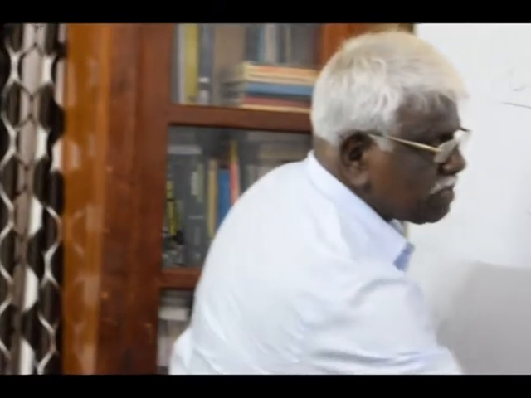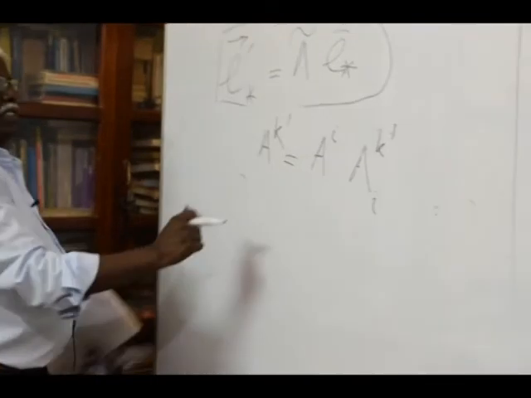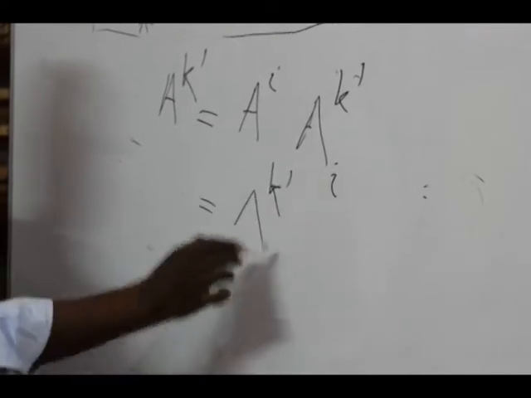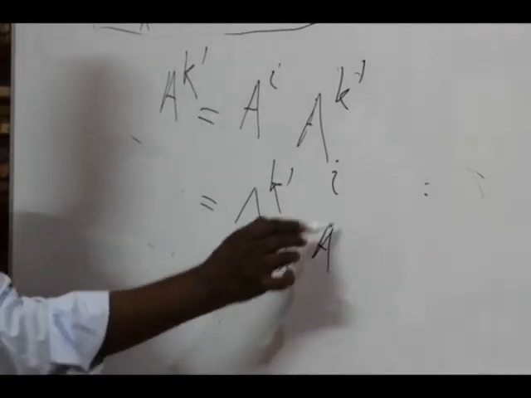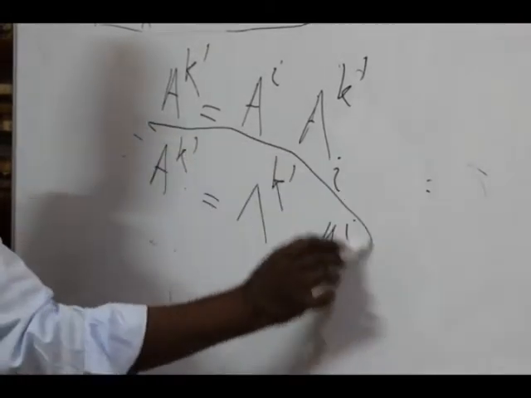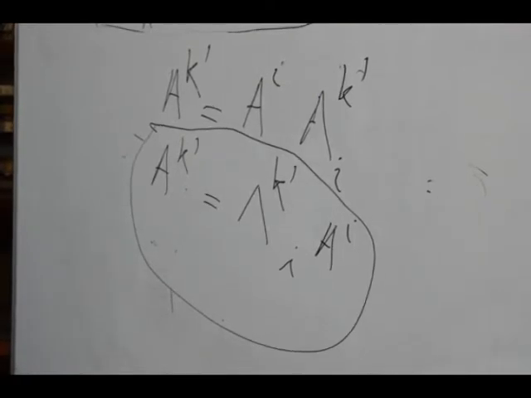I just interchange the role of primed and unprimed basis. So this is the transformation formula for ak dash, a component with respect to the primed basis. So this I simply write as lambda k dash i ai. That is the transformation formula for the contravariant components of the vector A.